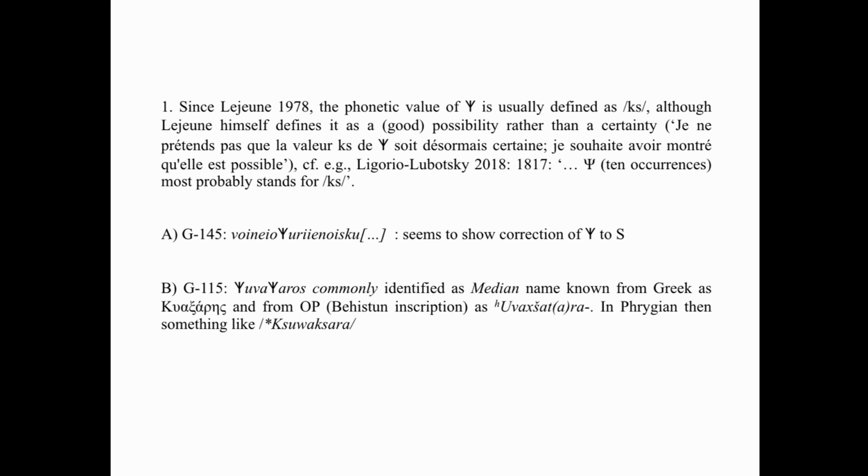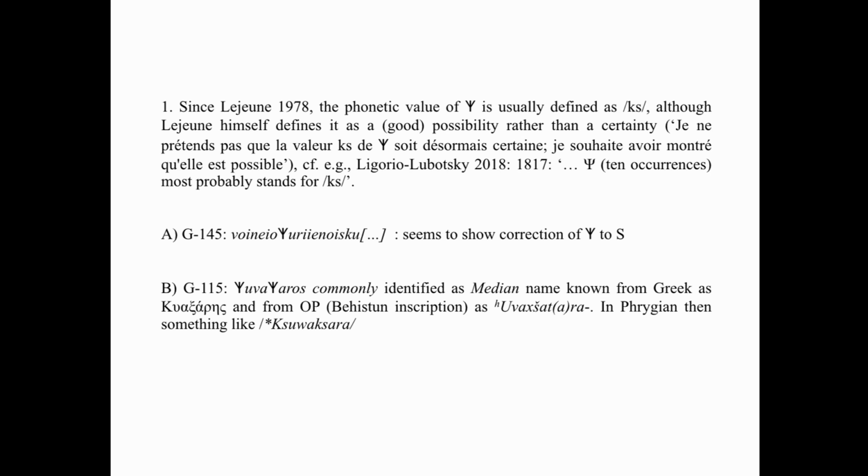But in any case, the wide acceptance of this argument is a little bit surprising, because nobody seems to ask why the name of the Median king would be found on a just normal potsherd from Gordion of unclear dating.